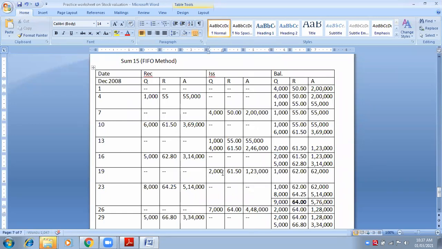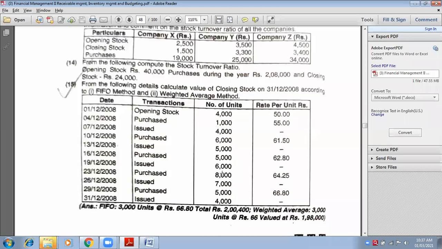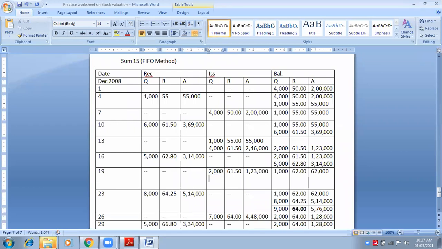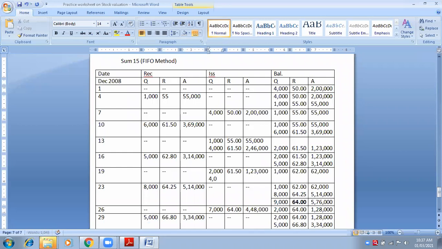But how much do we need to issue? 6,000. How much have we already issued? 2,000. How much do we need to issue yet? Still 4,000. So 6,000 in all: 2,000 is issued from the first slot, and from the second slot we will issue 4,000.